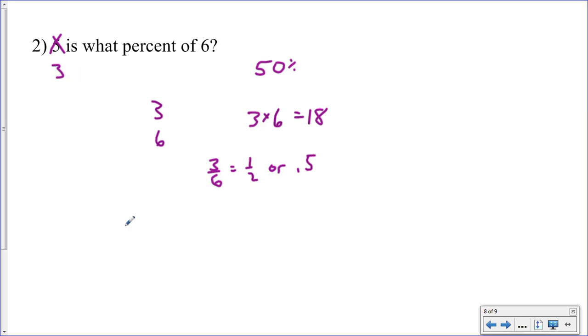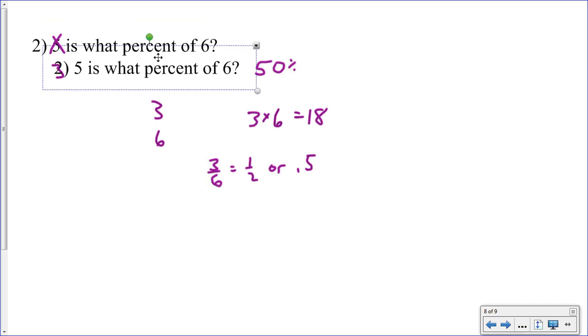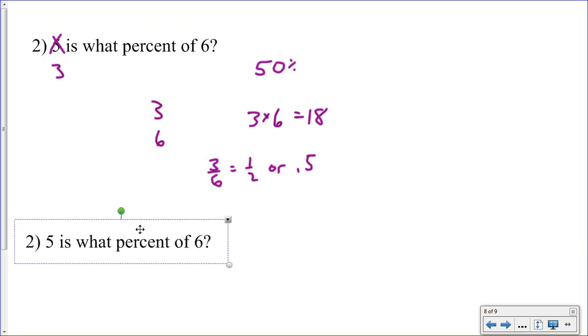3 divided by 6. So the original problem was 5 is what percent of 6. Since to find what percent 3 was of 6, by deduction, or by trial and error, we figured out we have to take 3 and divide it by 6, well, so take the 5 and divide it by 6.